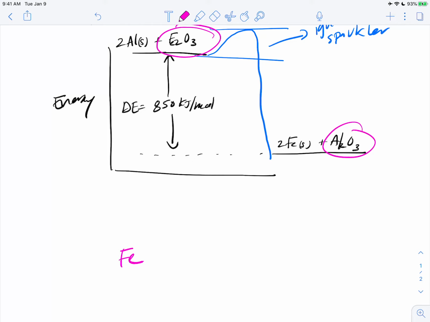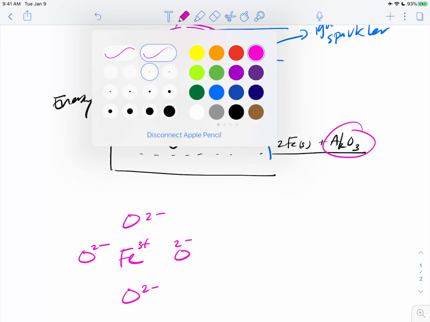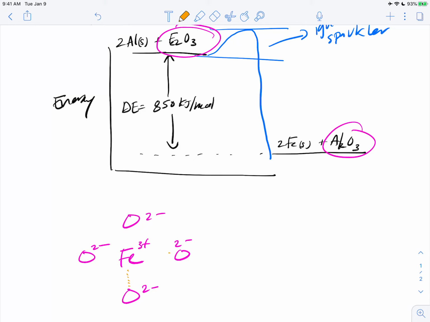We have iron oxide, so we have O, O, O, O. Now the oxygens are 2 minus, and the iron is +3. And so these are all going to be interacting because positive and negative charges attract each other. And the size of the iron is much larger than the size of the aluminum.